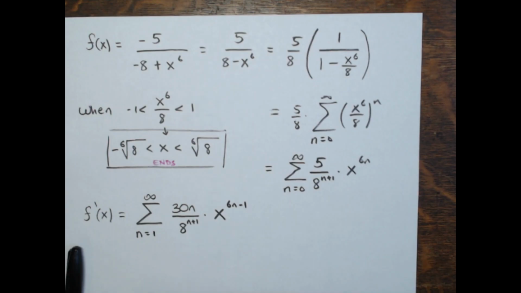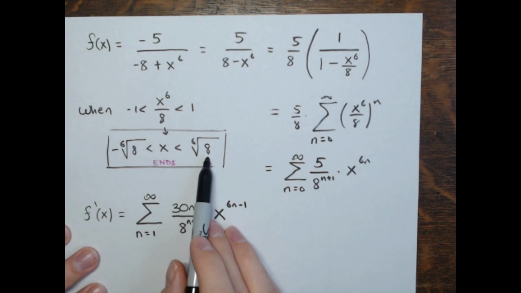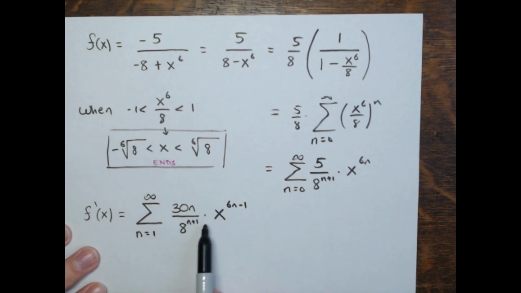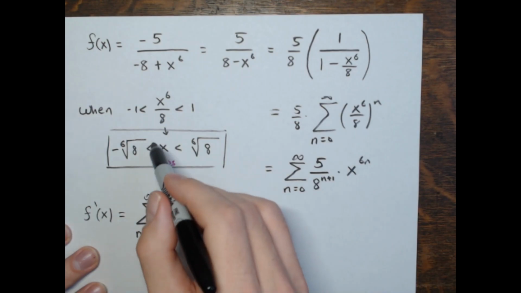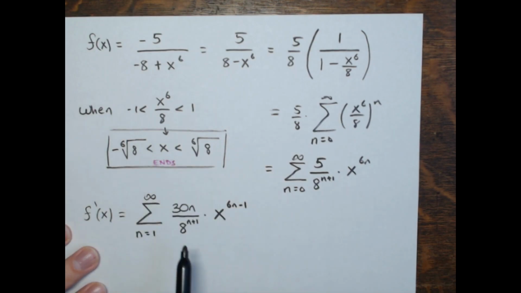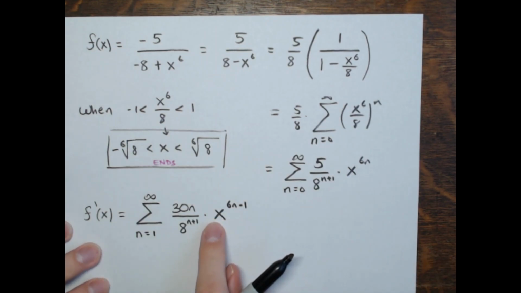You're going to see when I plug these in for x, the 8 to the nth will go away, and you'll be left with some constant here. You can pull it out. You'd have just the sum of n, and that's obviously divergent. The terms wouldn't be going to 0. So it's divergent at either end. I'll just leave that to you. But if you were to check the ends, this series will be divergent.